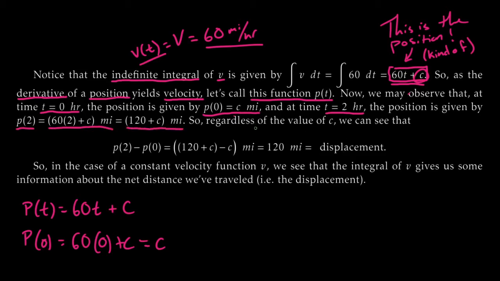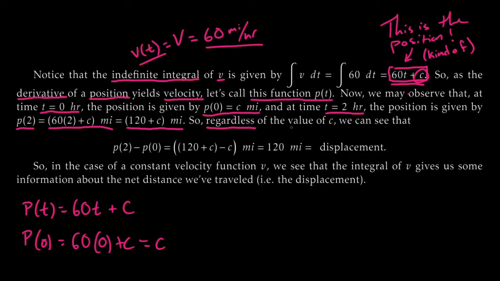So what I'm trying to say here is that it doesn't matter what the value of c is, for all intents and purposes, as far as velocity is concerned or as far as displacement is concerned. As far as how far you went, it doesn't matter where you started. It just matters from wherever that point was, whatever you labeled the starting line, to whatever you labeled the ending line, how far was that?